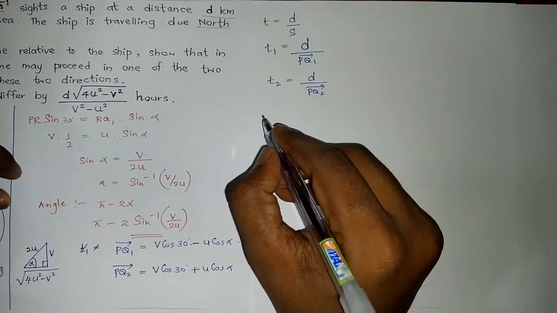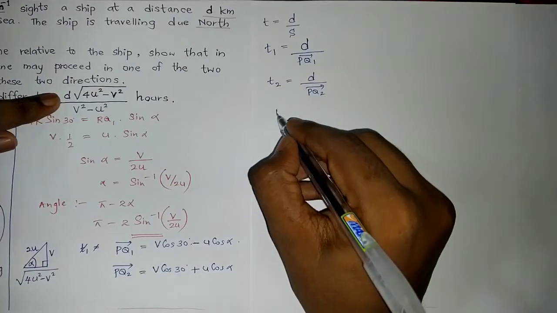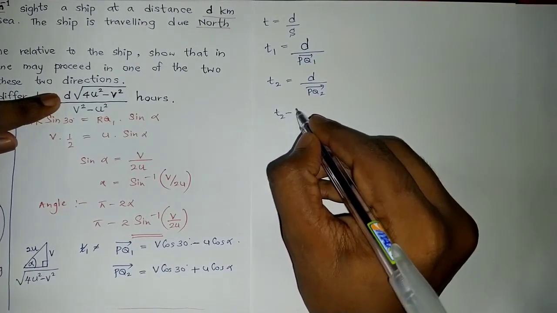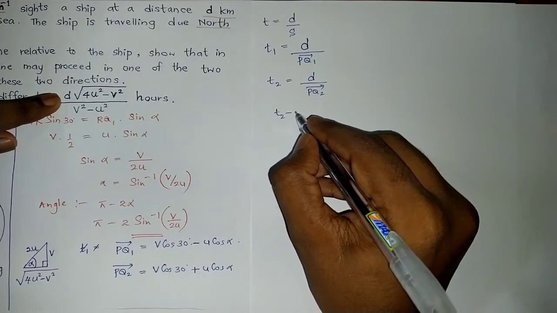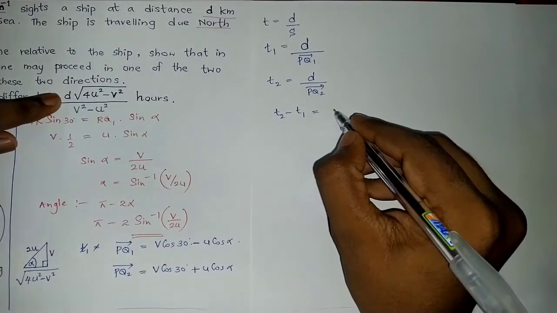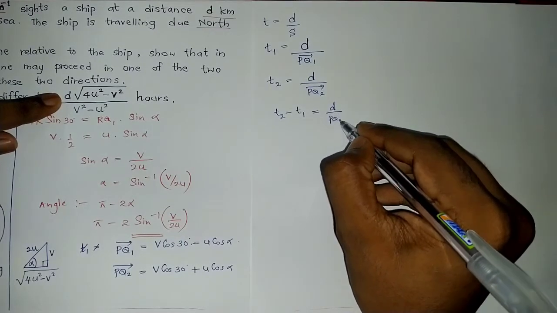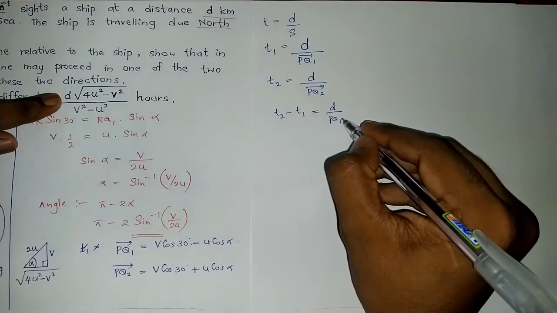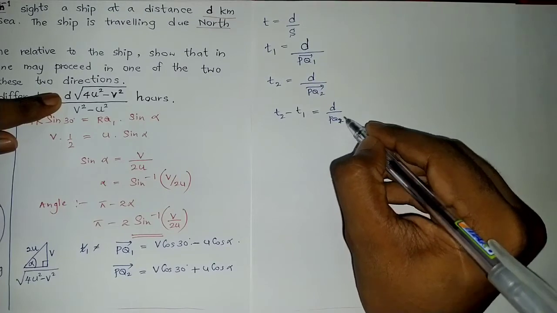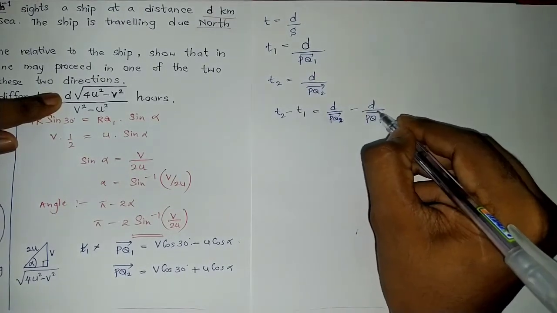Now we have to show the time difference, that is T2 minus T1, or else I can take T1 minus T2. It will be d over PQ1 vector. Since I have taken T2, it should be d over PQ2 vector minus d over PQ1 vector.